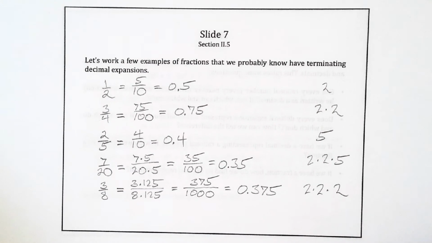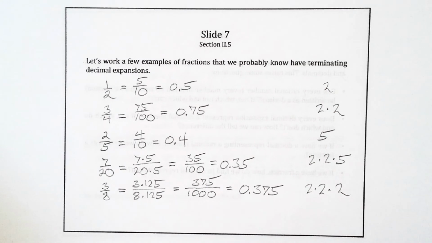Let's try 40. 13 over 40. Okay, 40 does not go into 10, obviously. Does not go into 100. It does go into 1,000.